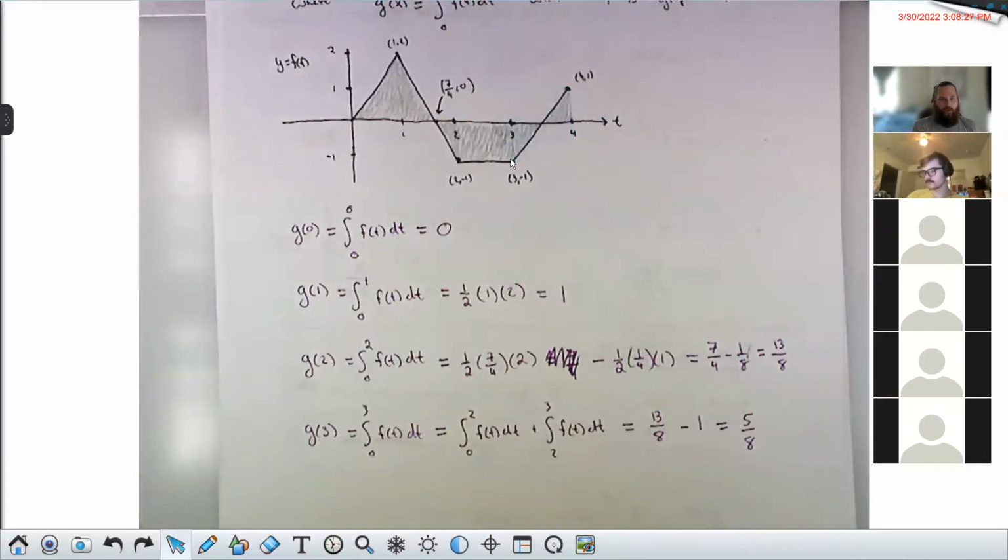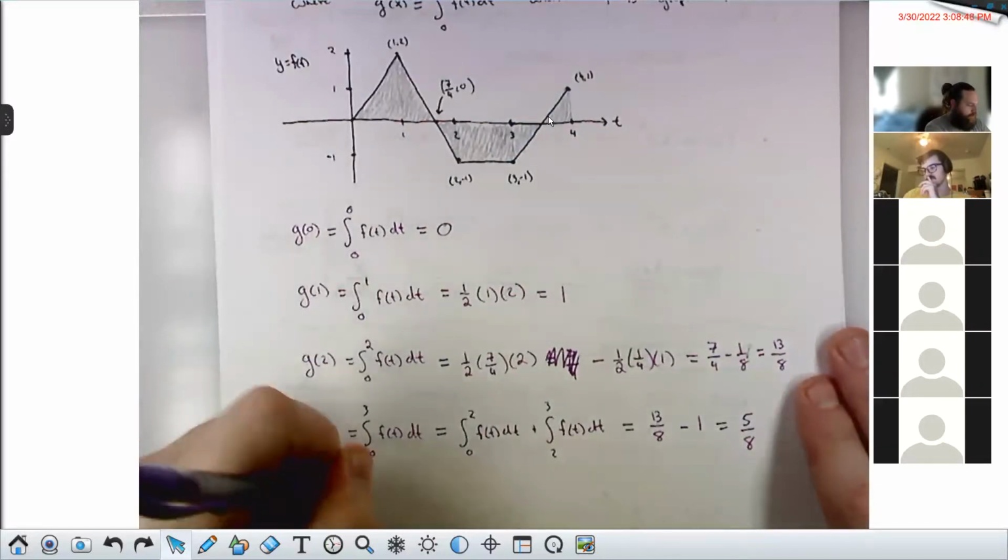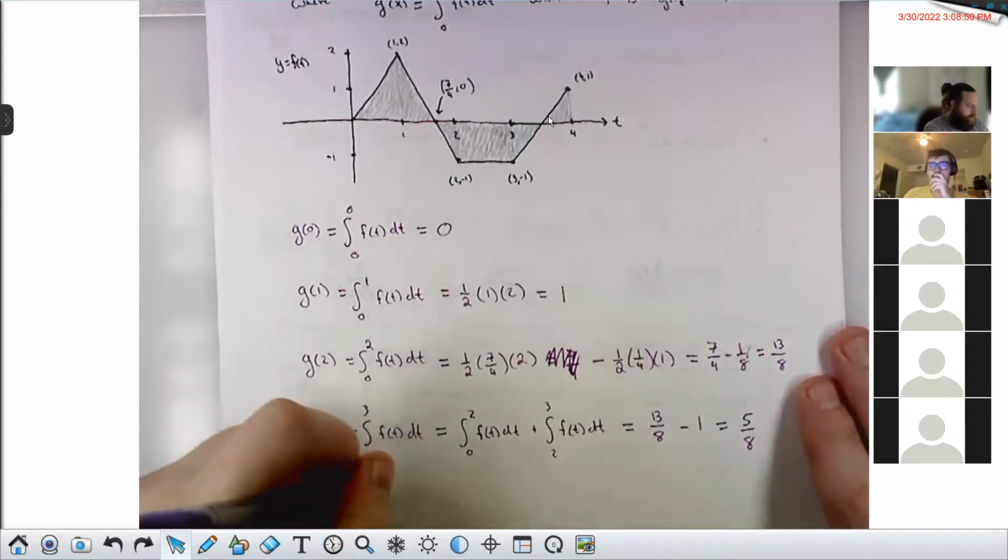This line is going from down here at -1 to up here at +1 over an interval of width 1. So this is a slope 2 line going over width 1. So it's going to intersect halfway through here, which means that this triangle has the same area as this triangle. One is beneath the horizontal axis, the other one is above.